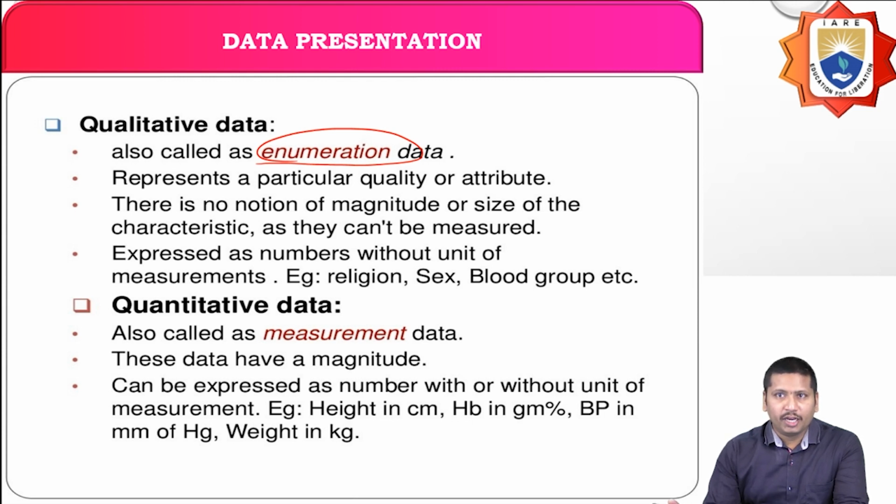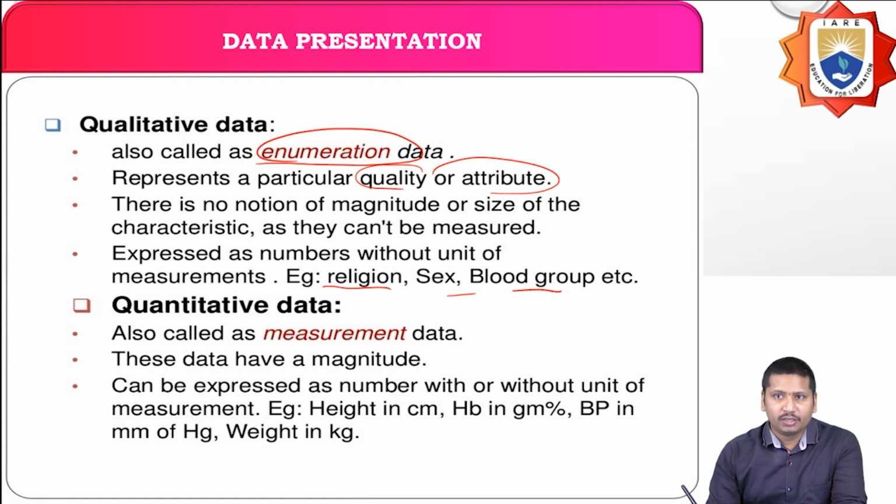There is no notion of magnitude or size of the characteristic, as they cannot be measured and expressed as numbers without a unit of measurement. Examples are religion, sex, blood groups, etc.